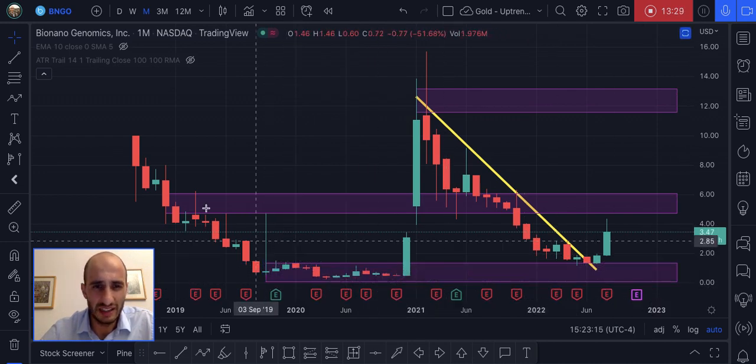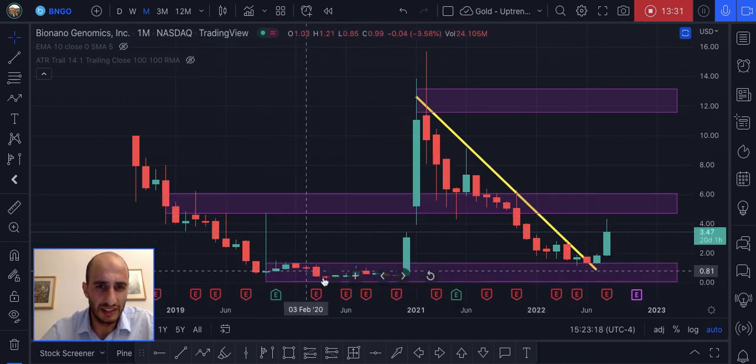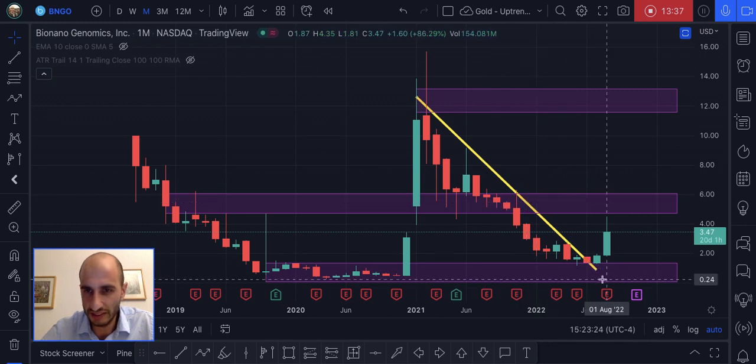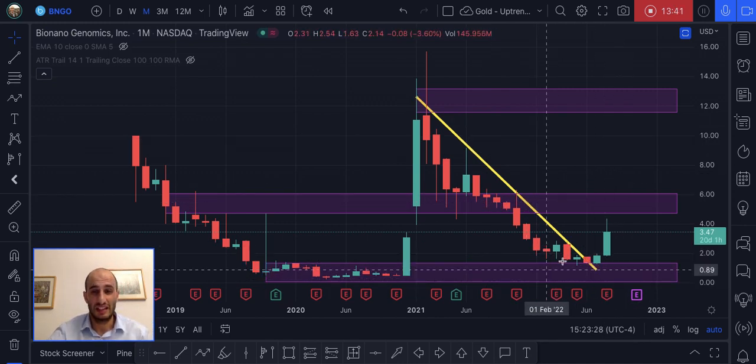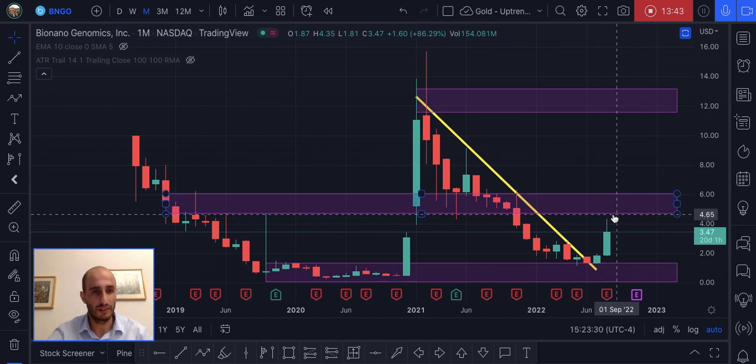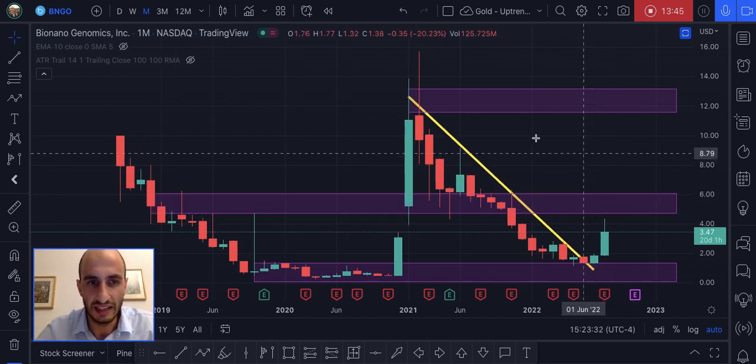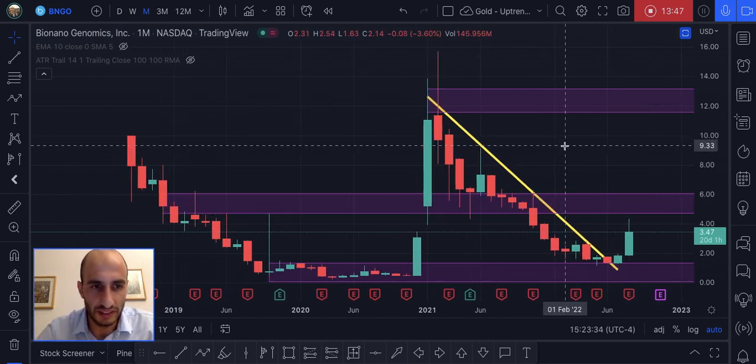You can also see the bears were here colliding against the bulls, and then the bears are nowhere to be seen in this market. Very quiet presence. And then the bulls step in, bam, cutting through the price levels like a warm knife cutting through butter.